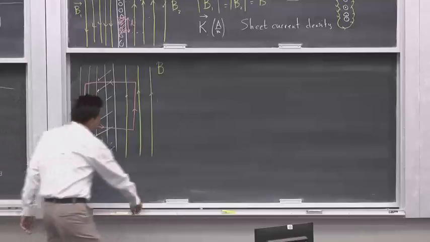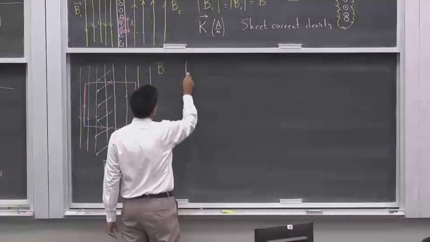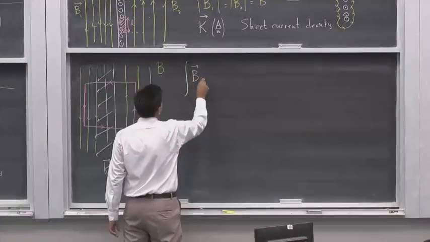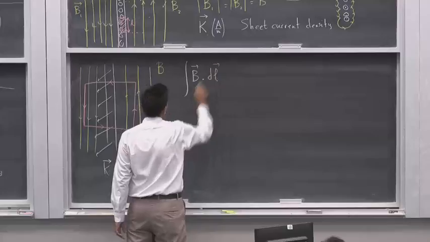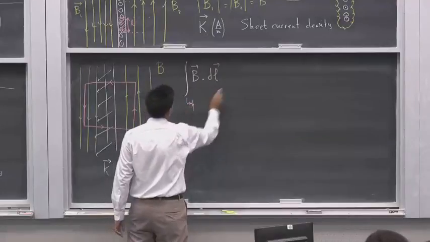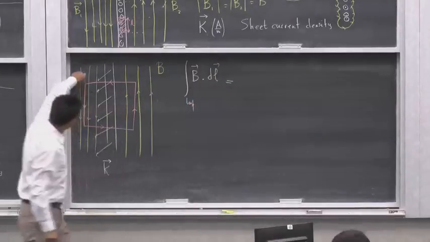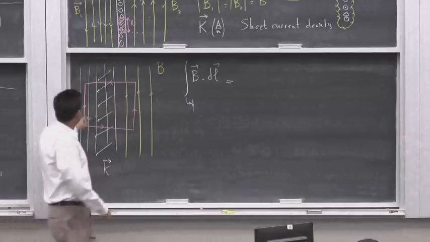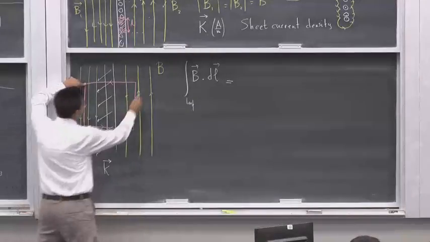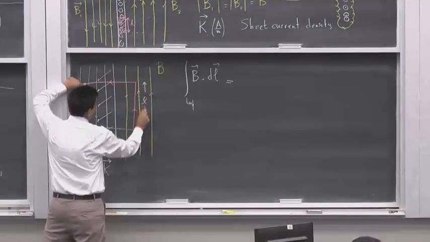Now around this loop, B dotted with dl around this loop is given by... Now here I am traversing the same direction as the magnetic field. And the length of this side is, say, small l.